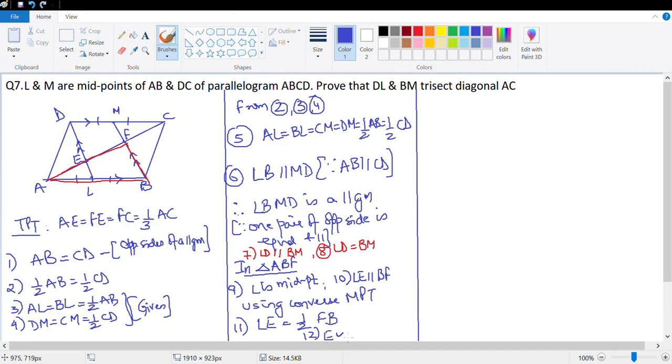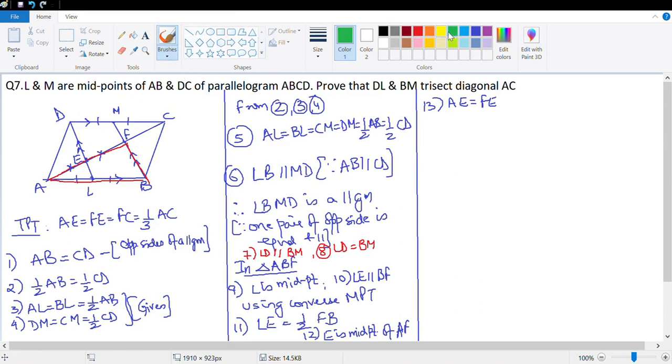So that's what I get. What it means is number 12 also means AE is equal to FE. So AE and FE are equal because in this triangle ABF, this is a midpoint, this line is parallel, which means E is also the midpoint of AF.